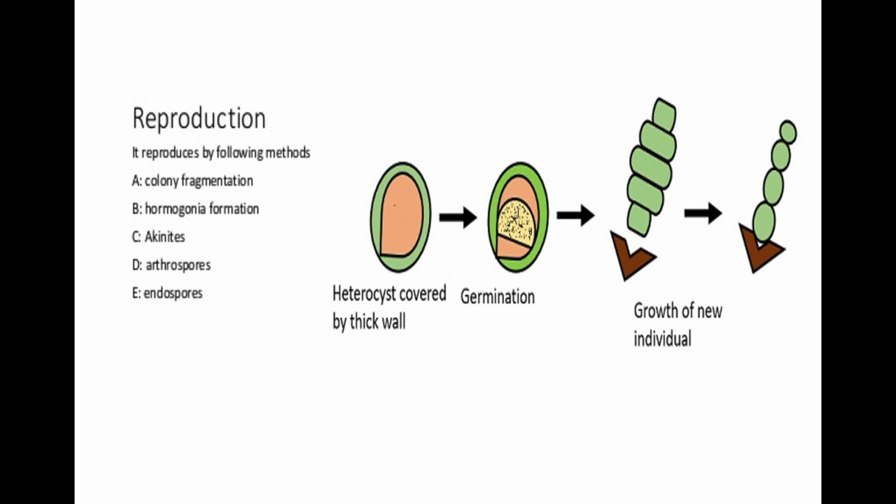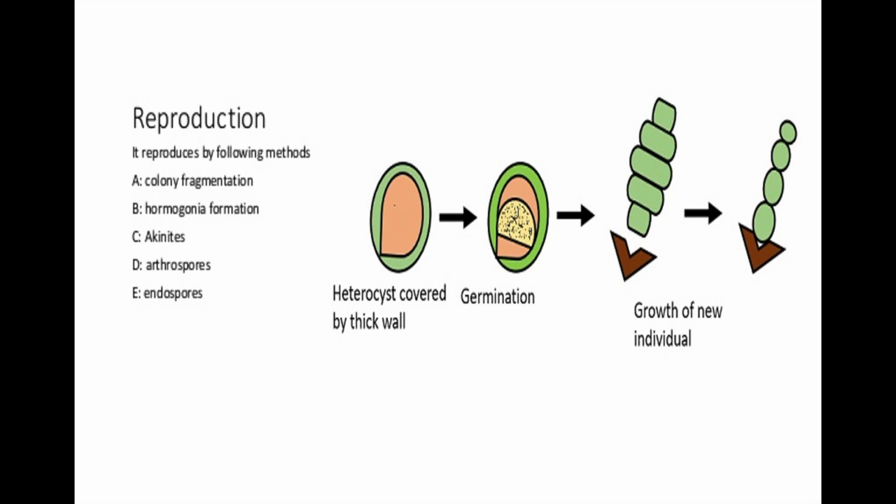Heterocysts are spherical, large, thick-walled, and they possess one or two polar nodules, depending upon their position. The terminal heterocyst has only one polar nodule, and the intercalary has two polar nodules adjoining the vegetative cell.